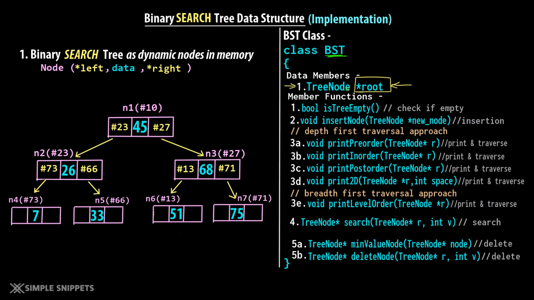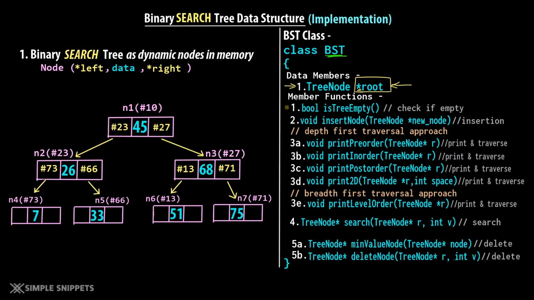So this treenode star root is nothing but a pointer named root of the type treenode, and treenode is something that we just discussed. Treenode is our own custom class, right? So this root is a pointer of type treenode, so it will only point to objects of treenode. Okay, so that's the only data member we need. However, in the member functions we have quite a lot of things to cover.